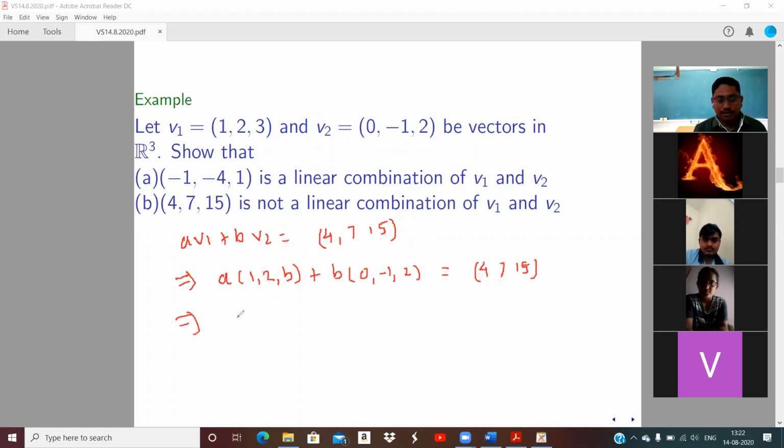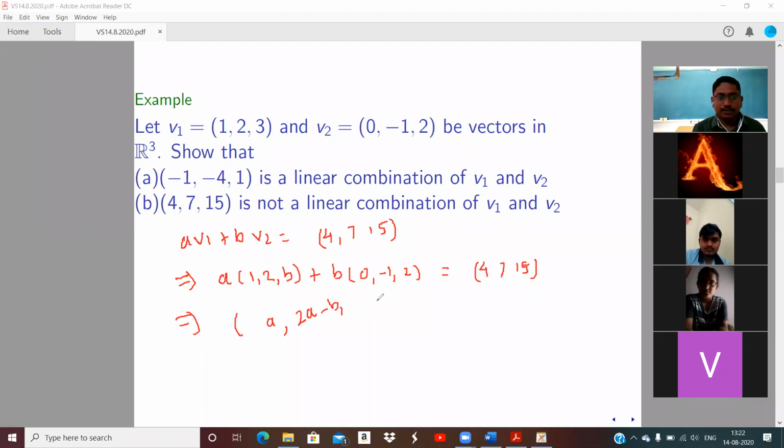So after calculation, I will write directly here 2A plus 0, not 2A. It has to be A plus B into 2. Next coordinate is 2A minus B. And the coordinates we have found already.